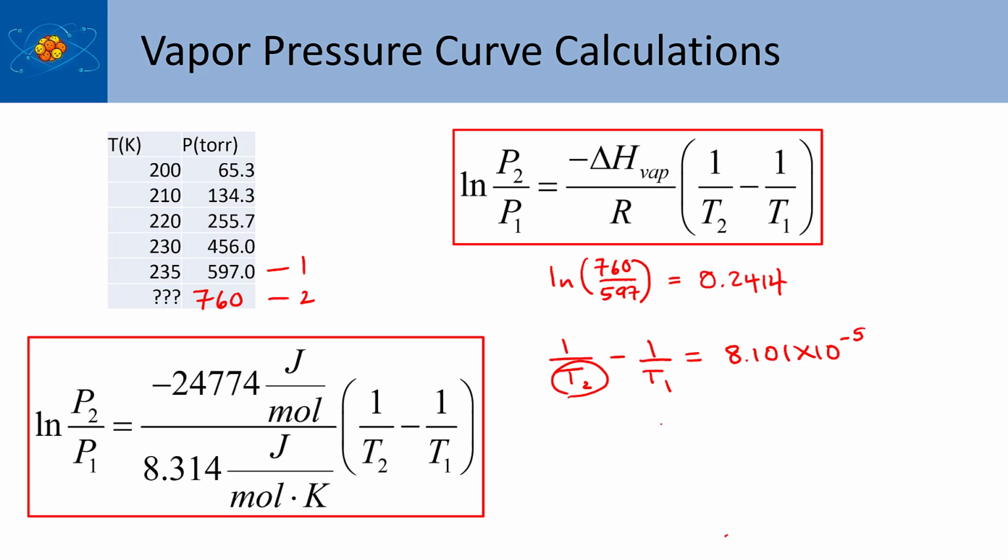So I'll rearrange it like this. 1 over T1 is equal to 8.101 times 10 to the minus 5th minus 1 over T2, and change the sign like that. Okay, that's to get rid of this negative sign. So I brought this to the other side, subtracted it from both sides, changed the sign. So now what I'm left with is plugging in for T2 235 Kelvin.